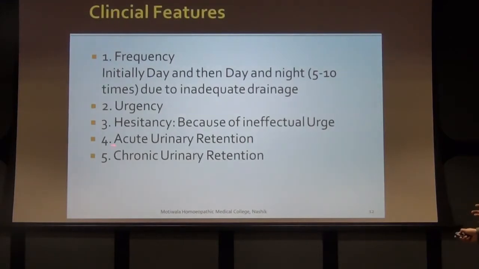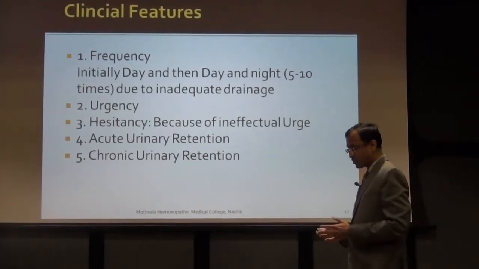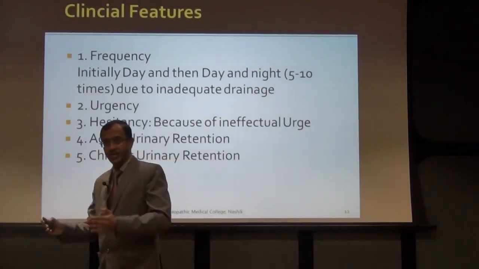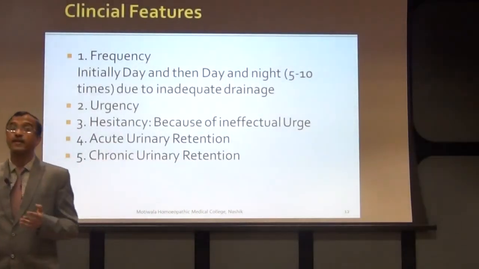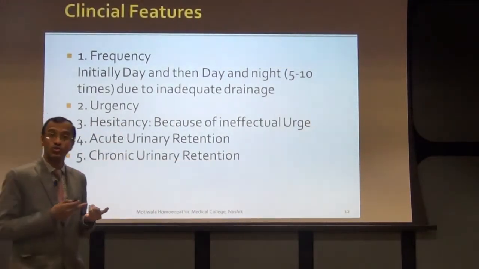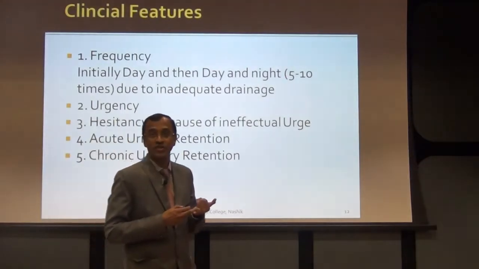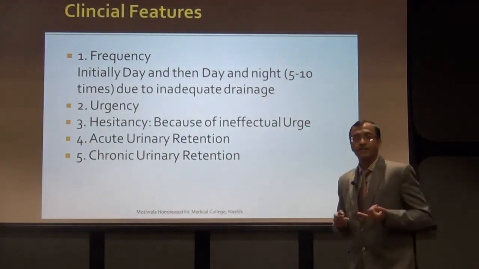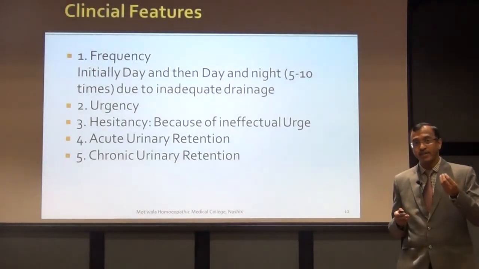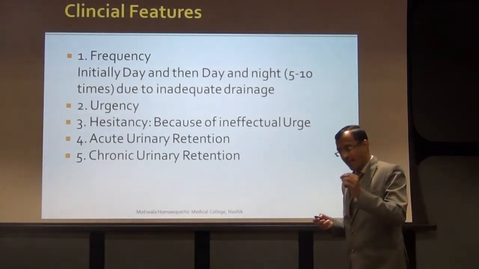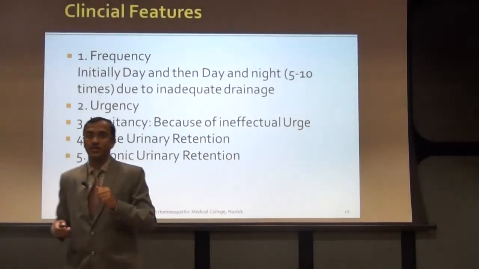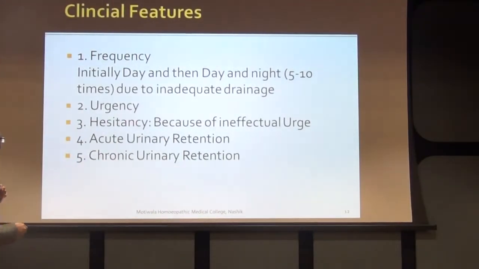If there is acute urinary retention in benign prostatic hypertrophy, I should have the skill to treat it. For that purpose, I should know how to treat acute urinary retention. At that time, you have to understand that the clinical skill of putting in a Foley's catheter is essential.